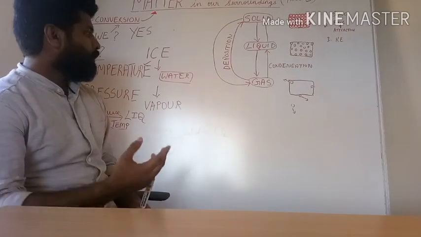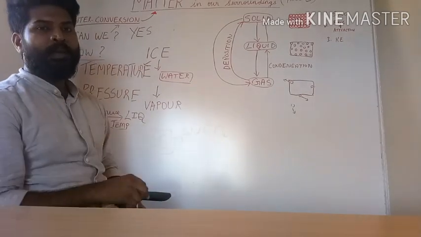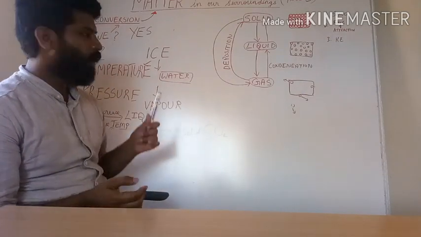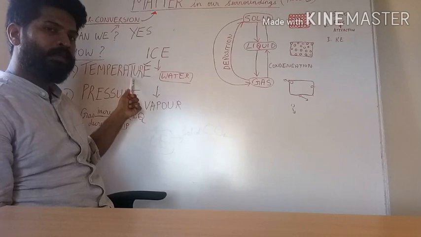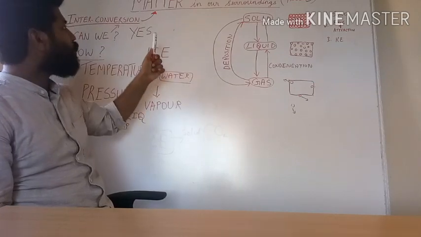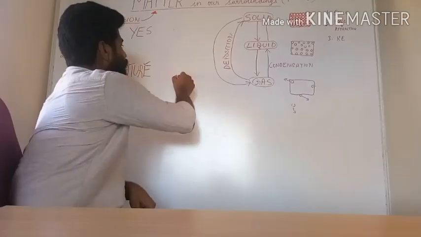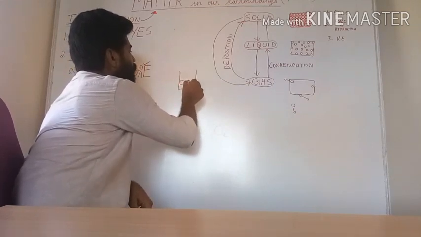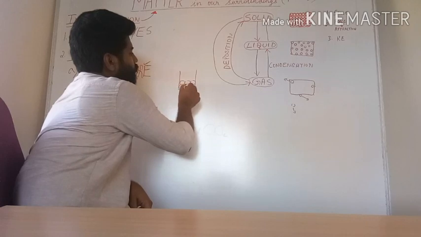So let us talk about a very small and simple activity that we can do to understand the effect of change in temperature on conversion of matter. We will take solid ice cubes in a beaker.